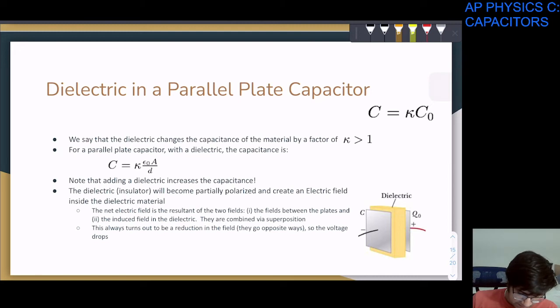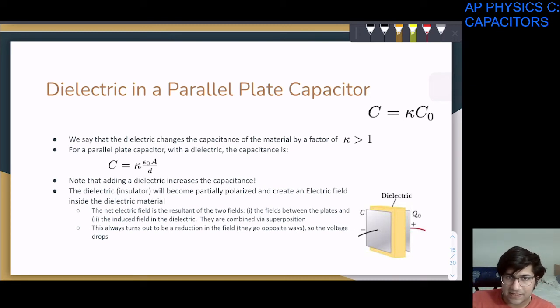So adding a dielectric increases the capacitance, and the interesting thing is that when you add in a material like an insulator, because the charges are bound to the atom, they're still able to rotate. The charge is still bound to the atom, but it can lean to one side or the other.